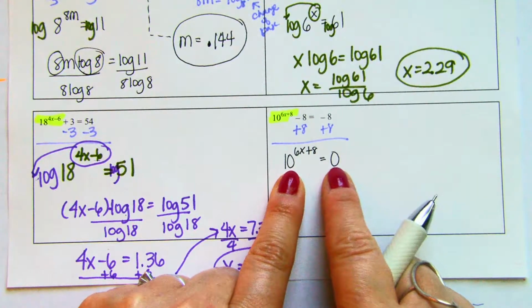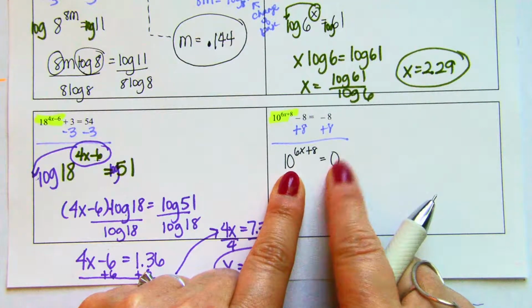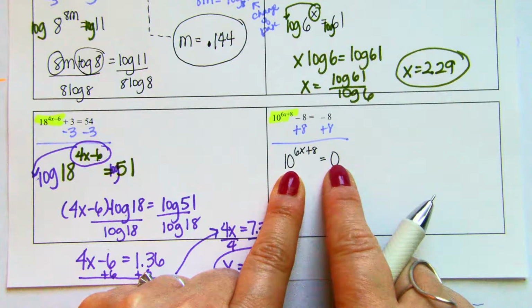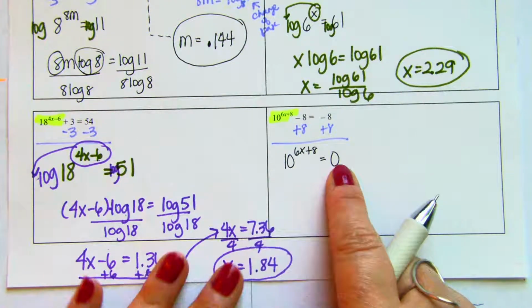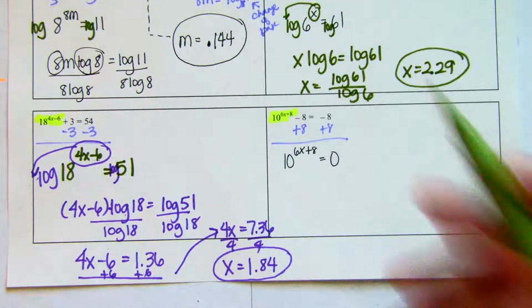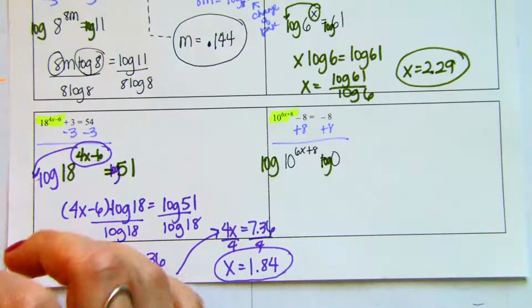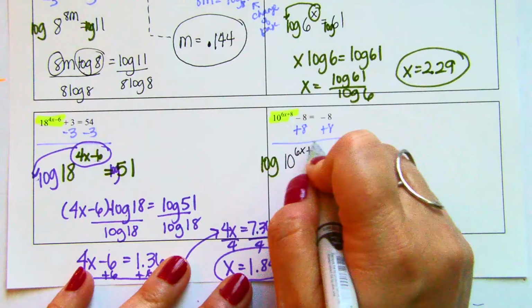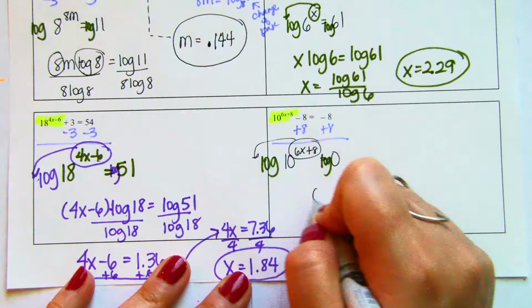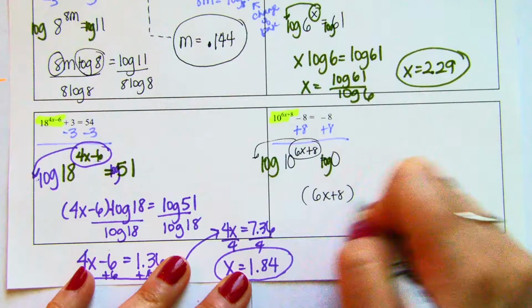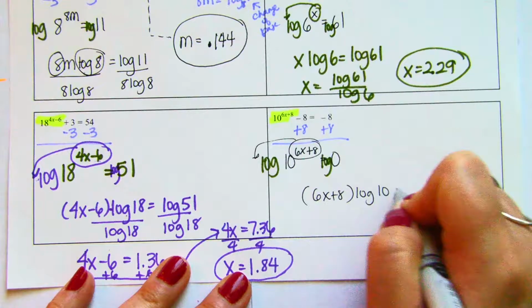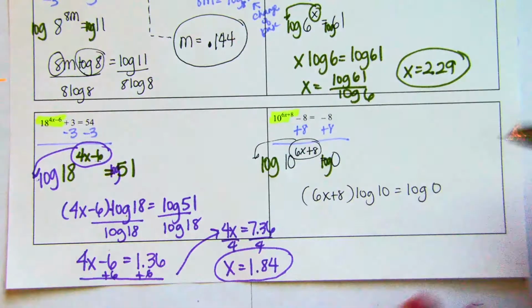All right, so I have 10 to the power equals 0. Now you could write 0. Oh no, 10 to any power is not going to be 0, so you can't do that. All right, anyway, let's log both sides. And when I do that, this comes down in front. Now I want you guys to think for a sec.